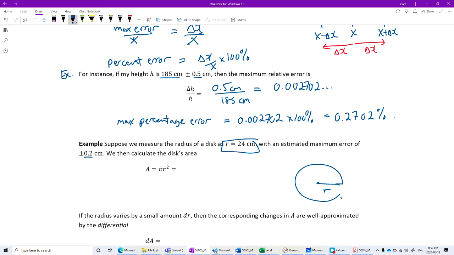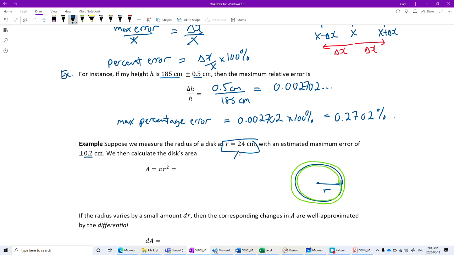It means that the real area might be a little bit smaller, like this, or it might be a little bit bigger. So what is the plus or minus error for the area? That's what we're going to figure out. I know the plus or minus for r, but what about for the area?